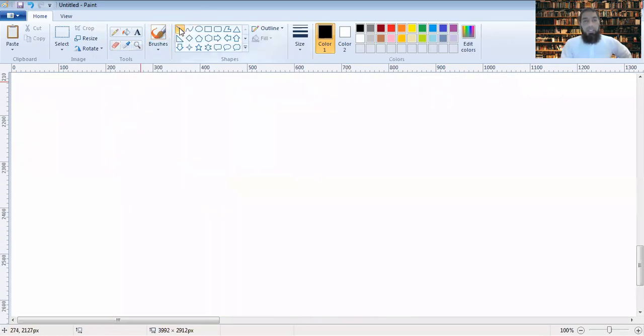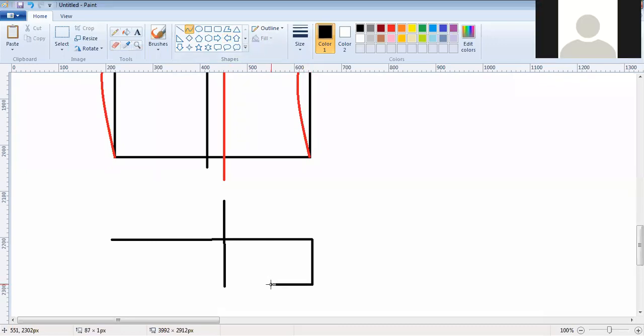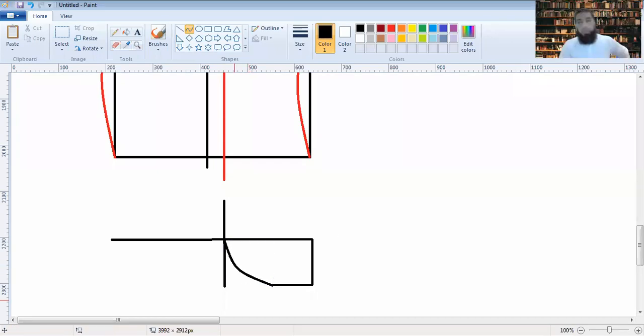So the stress envelope would be somewhat like this. So this would be the stress envelope.